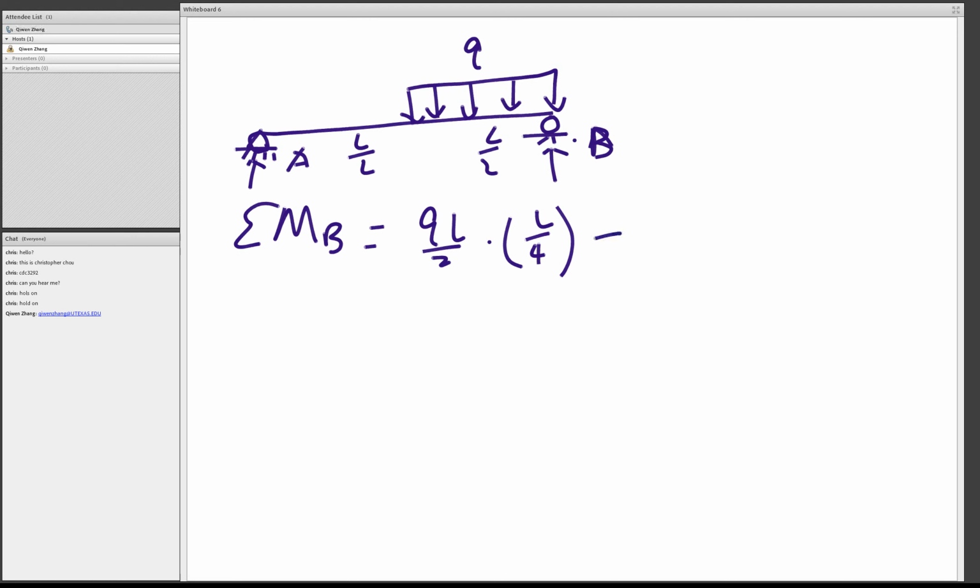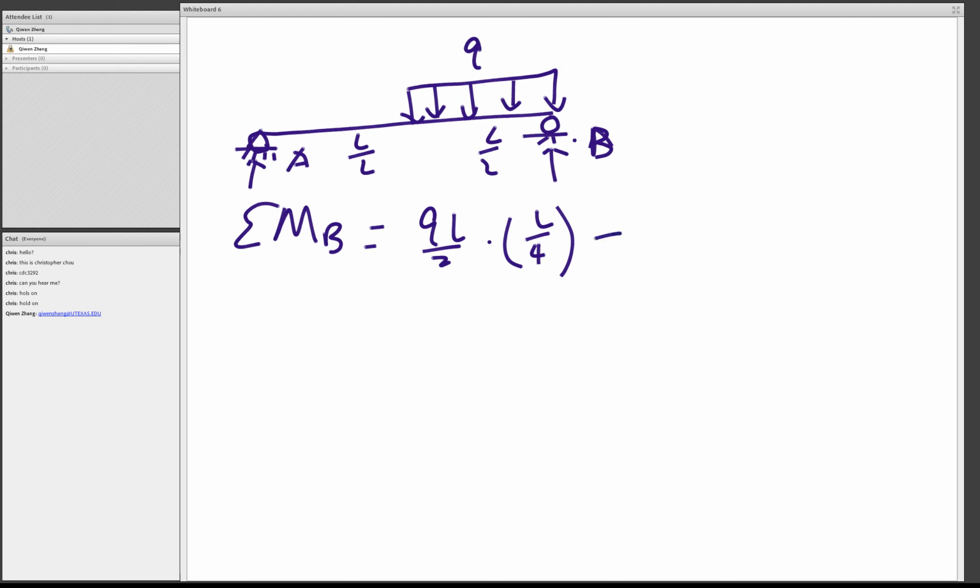So that gave us 9/128. So it decreases by the value of this number here, and then it should go back to 0.